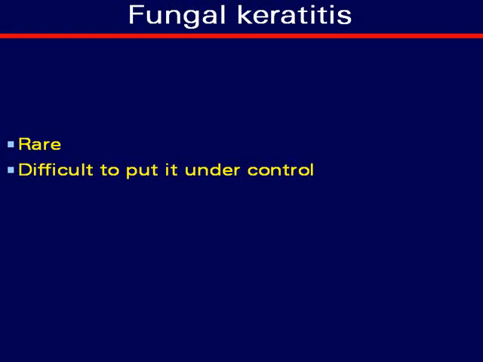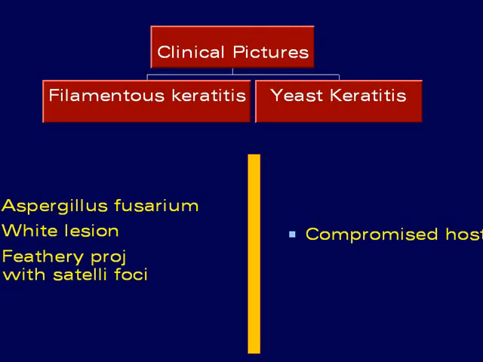If your patient is not responding to your medication, you use antibiotic, antiviral, and there is no response, you should keep fungal keratitis in your mind. Fungal keratitis can be filamentous keratitis or yeast. Of course, this will be apparent by microscopic examination or by special staining.